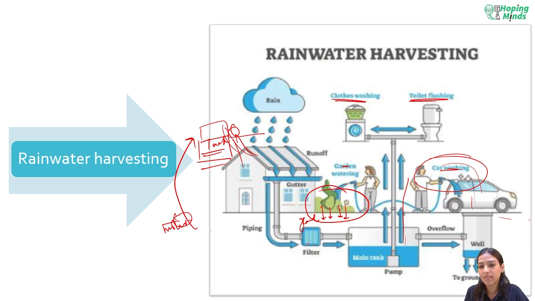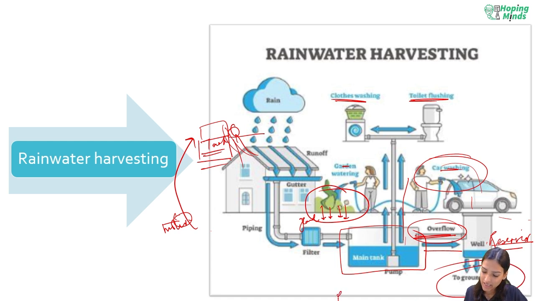Now, in this system, if this tank has overflown, the water will go into a reservoir well and then to the ground. So this is replenishing the groundwater, and this is such a nice idea.